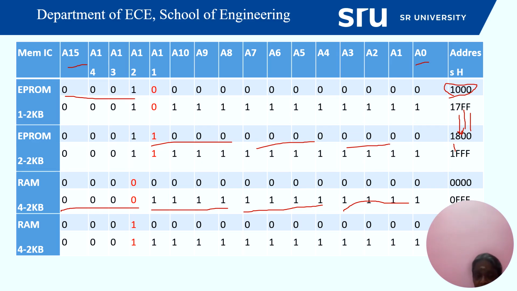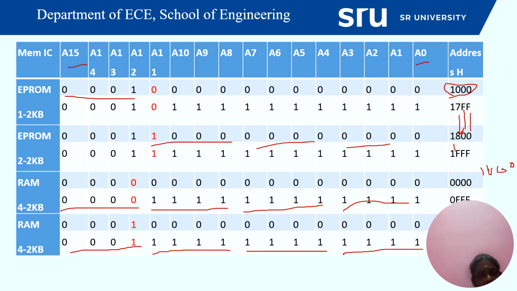And for the ending address, once again we have to add FFF. So initially the starting address is 1000, then 0001, and next F means 1111, F means 1111, F means 1111. That's all.